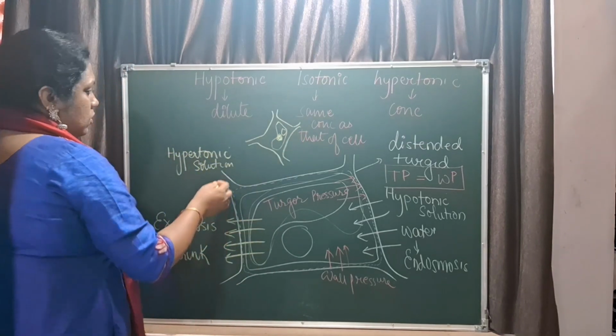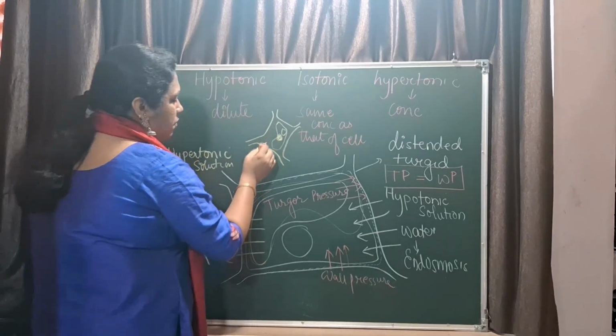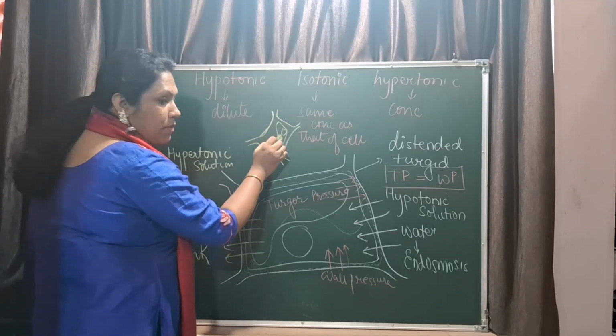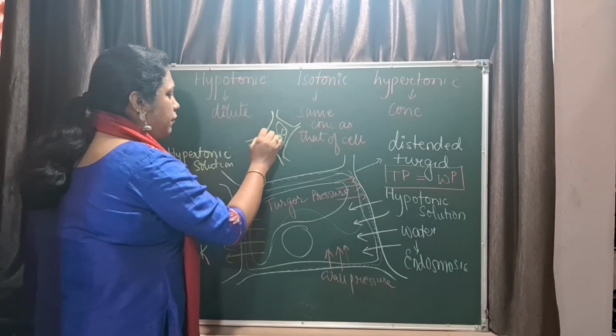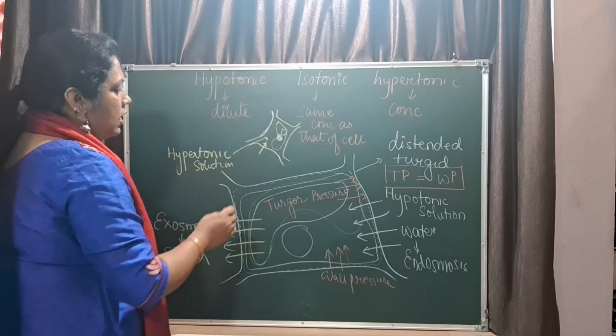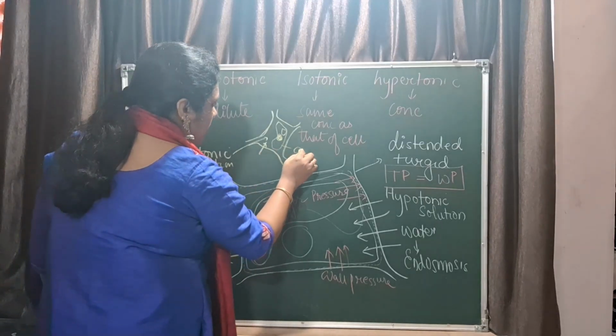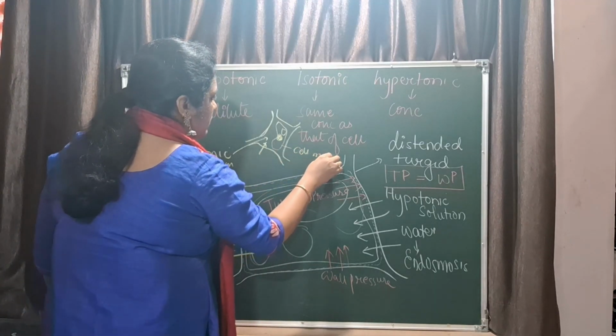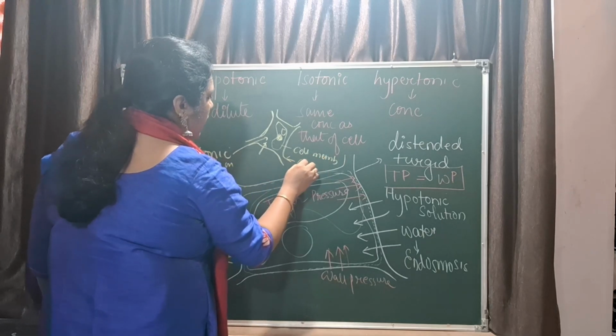When you see this place, between the cell wall and the cell membrane, it is filled with hypertonic solution. The cell membrane is this one, and the cell wall remains at its place.